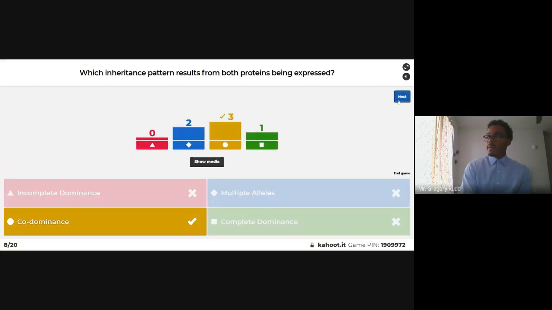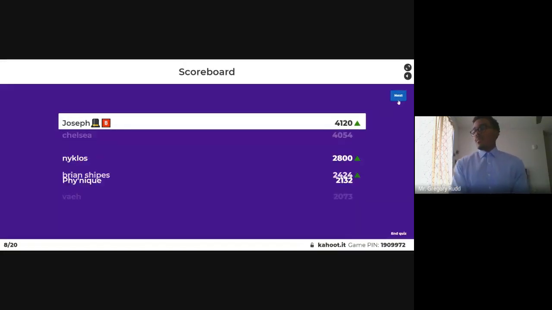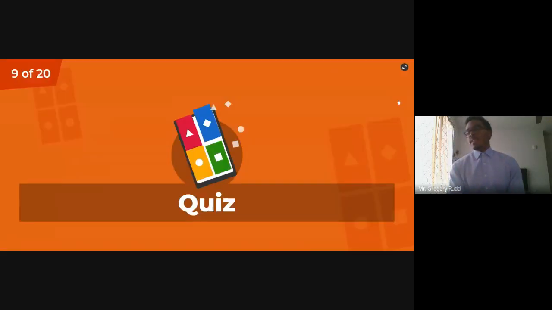Good, that's called codominance, when both alleles are present in the heterozygous genotype.